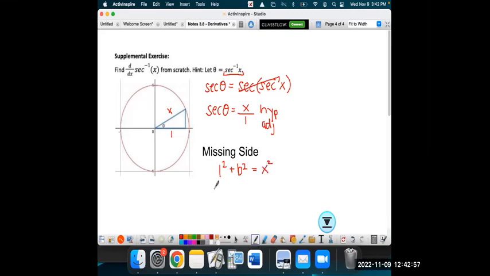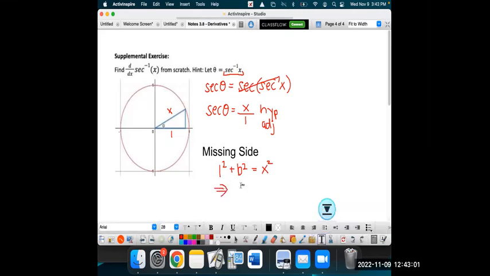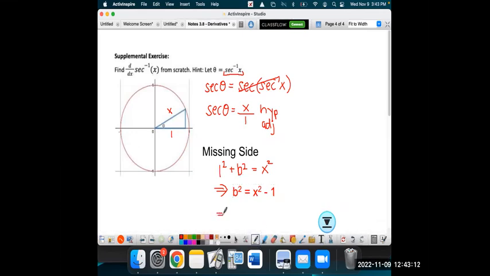Let's go ahead and solve for b squared. I'm just going to type this. And then b would be the square root of that. Again, I'm just going to type.